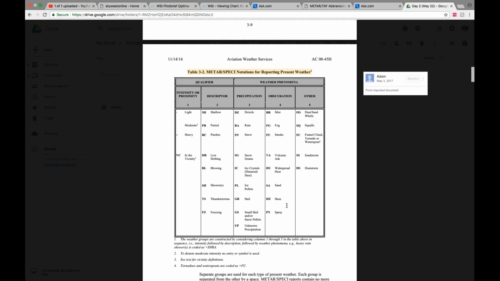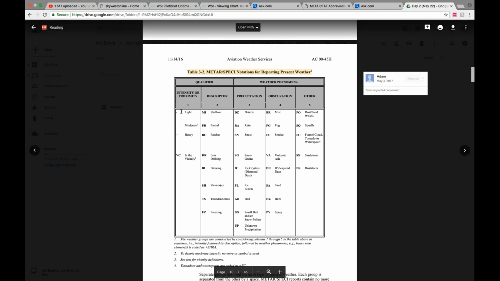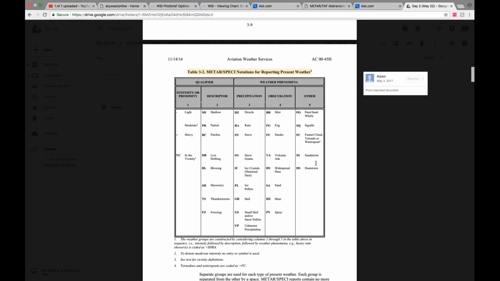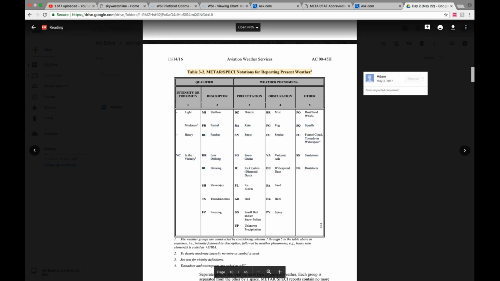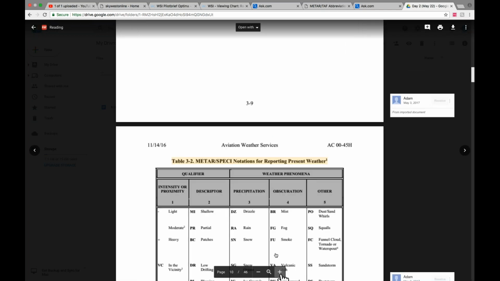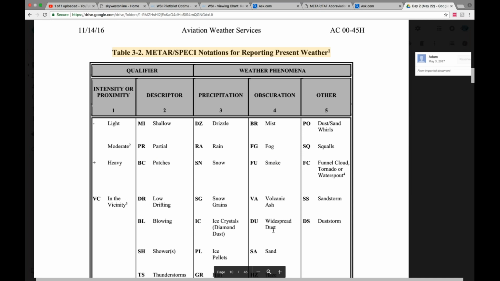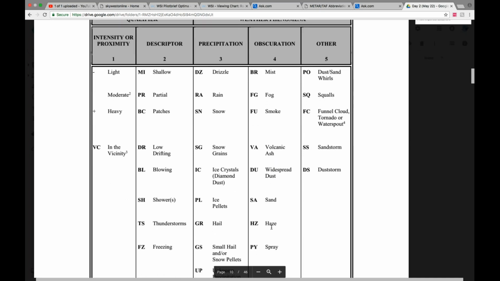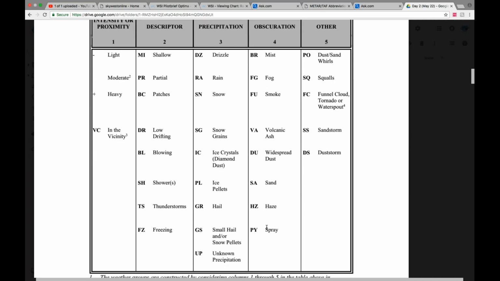One thing that will be required of you, whether it be an interview or practical everyday application, is this chart right here, which is very, very important, because this is your precipitation. This is the descriptors, the intensity, the obscuration.